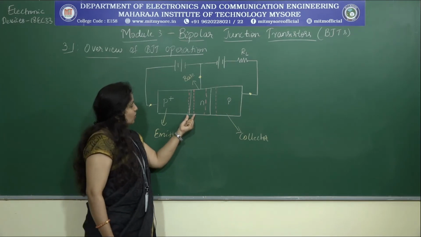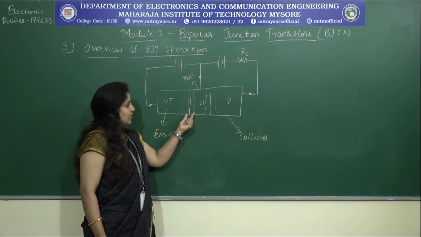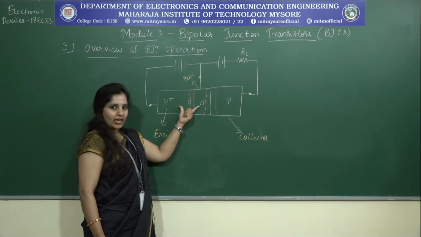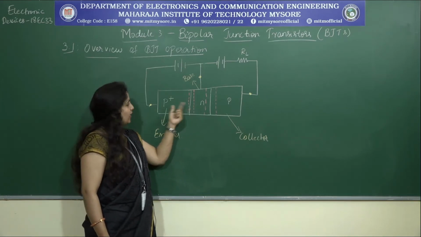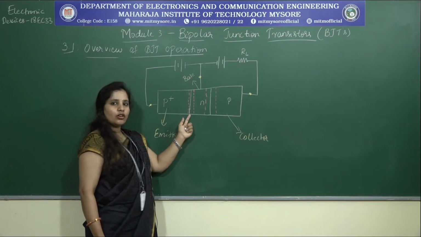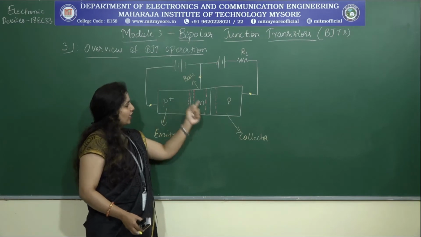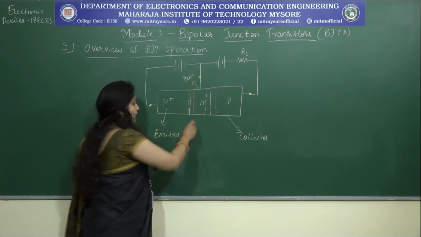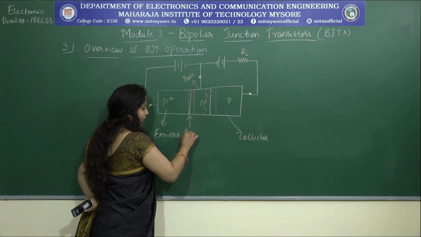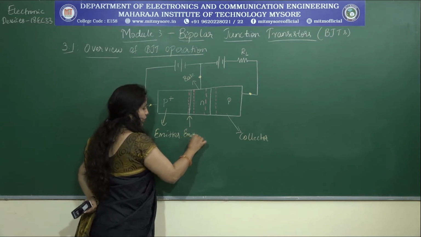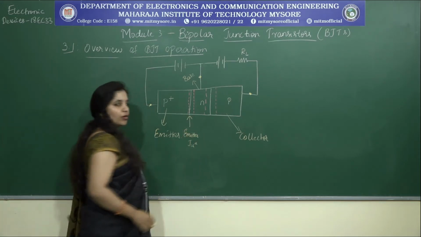Now, the junction that I have here, since it is a forward biased junction and it is near the emitter, is the junction where the holes are getting injected into the N type, and I'll call it the emitter junction.